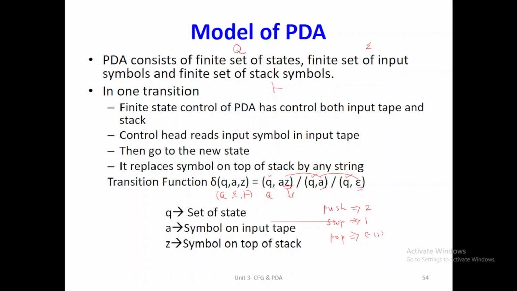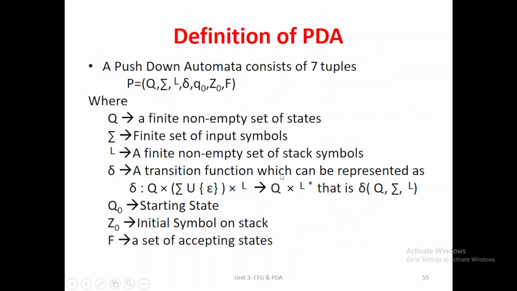If two symbols are available in an output, then a push operation will be done. If only one symbol is available and it is not epsilon, a stay operation will be done. If only one symbol is available and it is epsilon, then it is the pop operation. So this is the way we do the transition functions on a PDA.